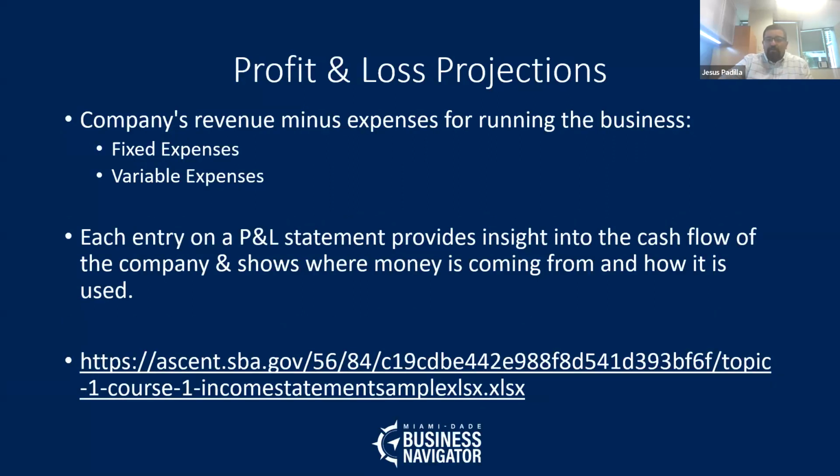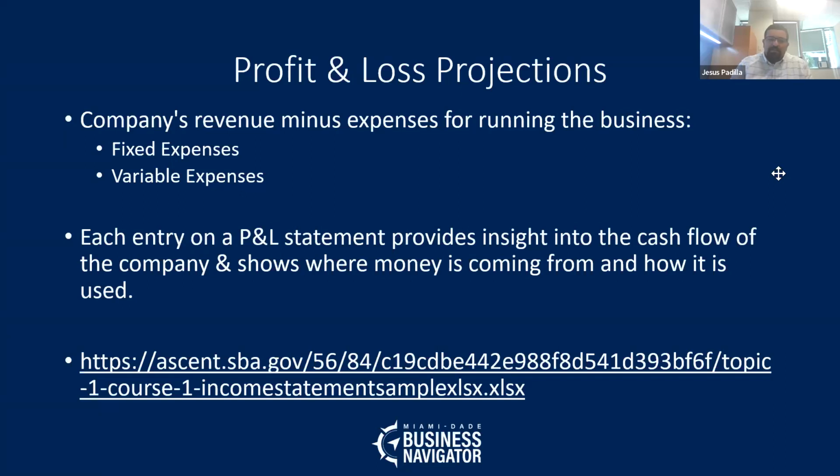And the profit and loss projections, it is the company's revenues minus the expenses of running the business, the fixed expenses. It is the same expense monthly, in and out. It could be the rent, it could be the salaries, it could be the insurances.